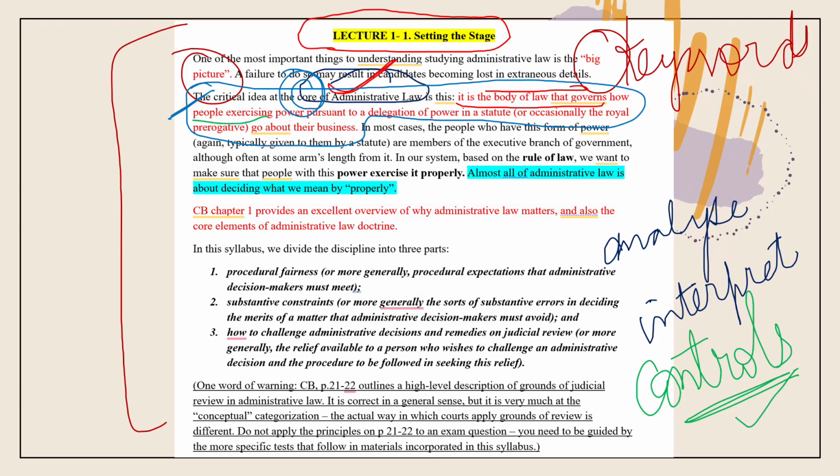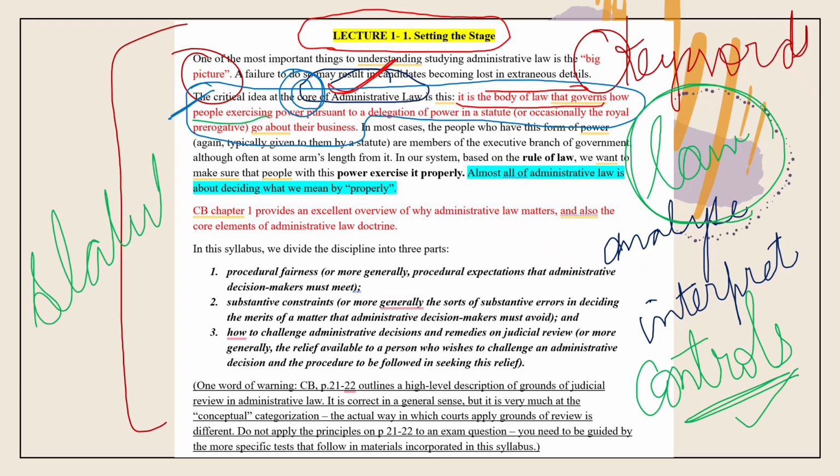But not all government power. Administrative law comes into the picture only for those government powers which are given by law to a decision maker. This law has two categories. One, this law-making authority comes from statute.